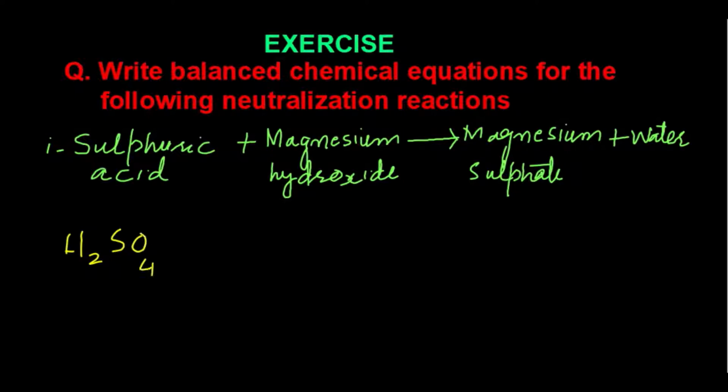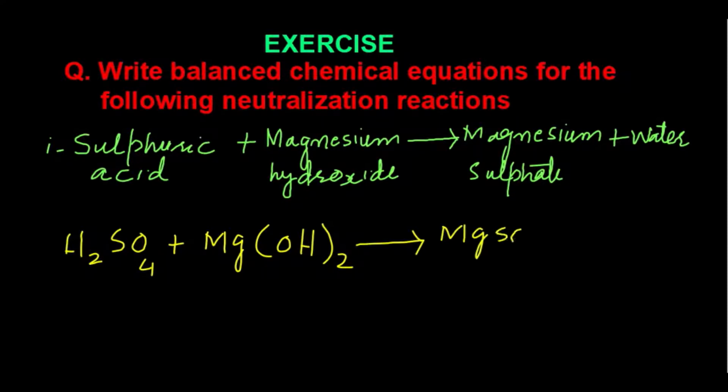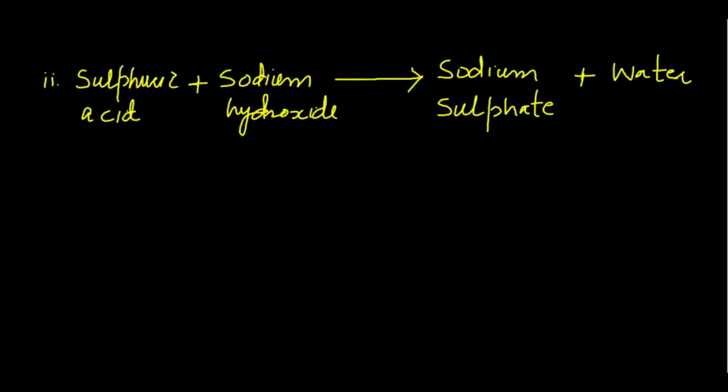Sulfuric acid on reaction with magnesium hydroxide, Mg(OH)2, reacts to form magnesium sulfate, MgSO4, plus water. So this is the balanced chemical equation for the reaction between sulfuric acid and magnesium hydroxide to form magnesium sulfate and water.